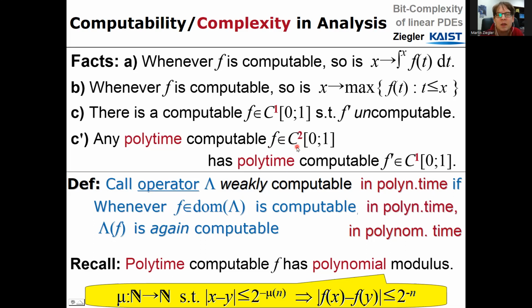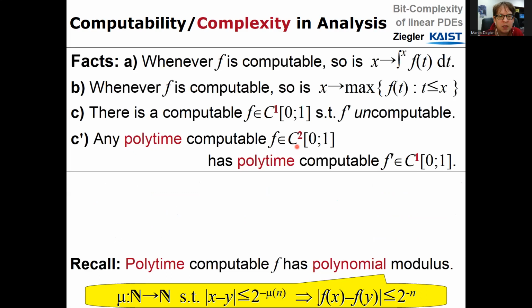So these are classical results. And now let's move on to the more advanced setting of complexity and of differential equations. So what operator do we want to consider next?